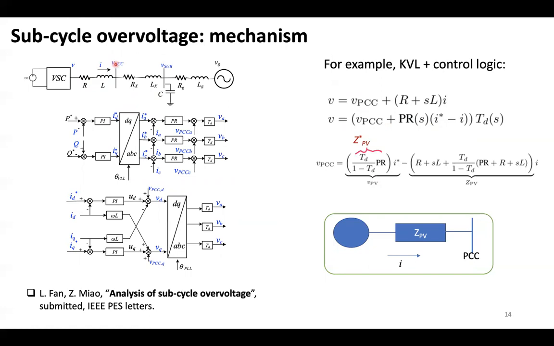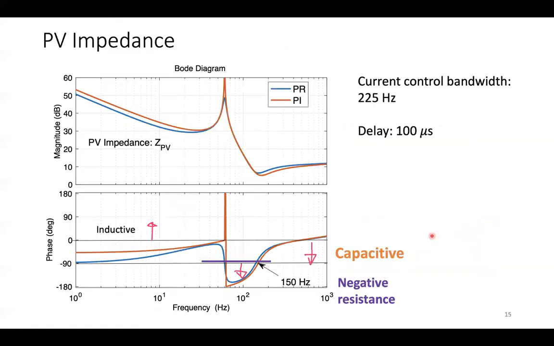So let's look at the PCC bus voltage, looking at the PV as the impedance. Moving forward, for both PI and PR, we can calculate using a similar current control bandwidth of 225 hertz. Let's do a plot, and the delay is 100 microseconds. Plotting is like this. Let's take a quick look from 60 hertz to about 300.